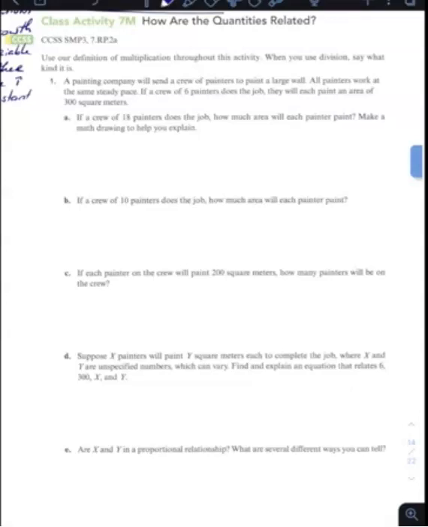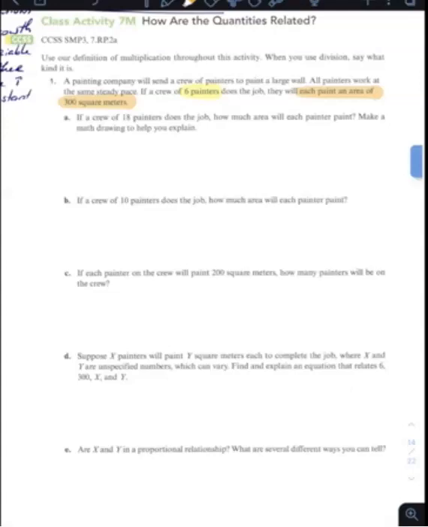So let's take a look at what relationships we have going on here. A painting company will send a crew of painters to paint a large wall. If a crew of 6 painters does the job, they will each paint an area of 300 square meters, right?